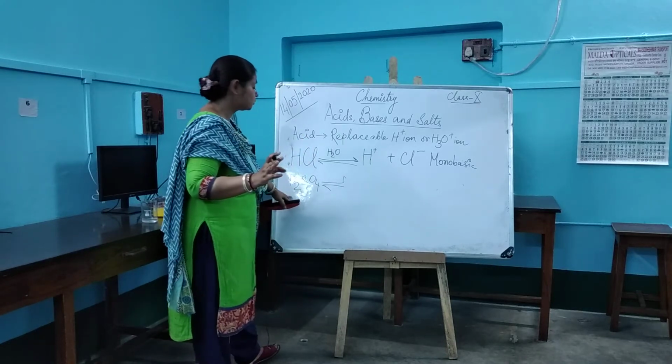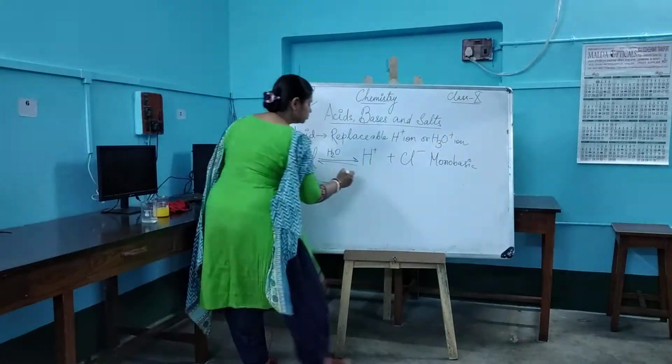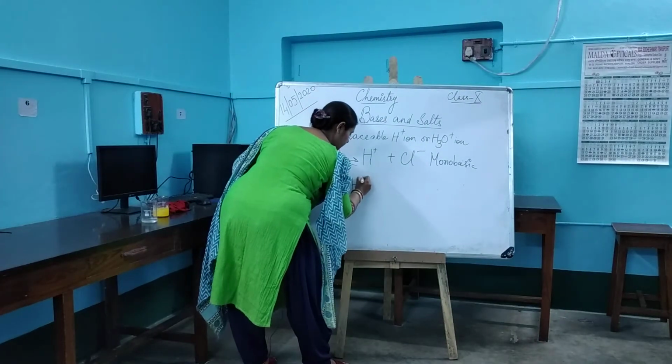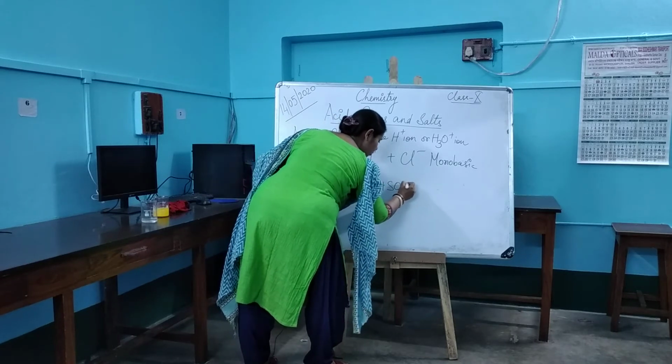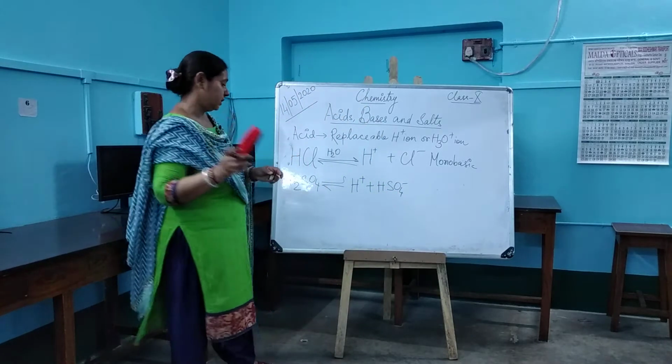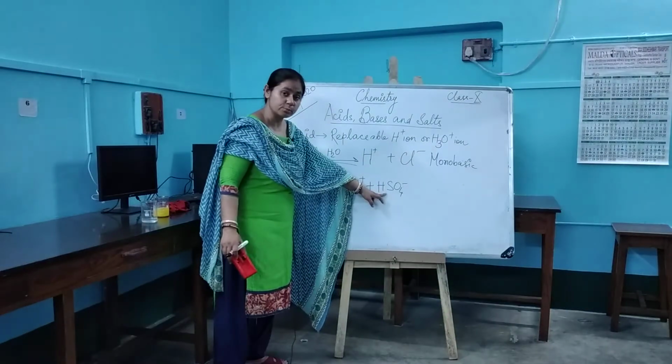H2SO4 will basically break down in two steps. How is it going to break down? It will form H plus and HSO4 minus.